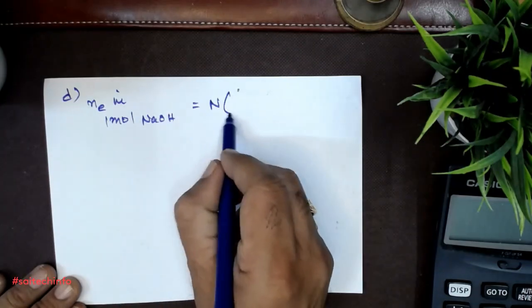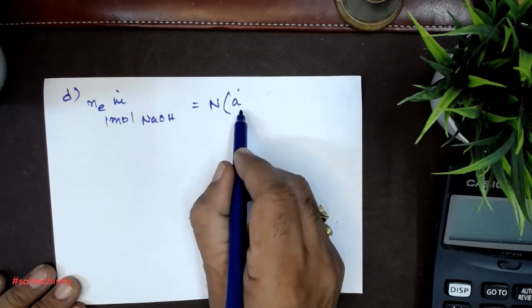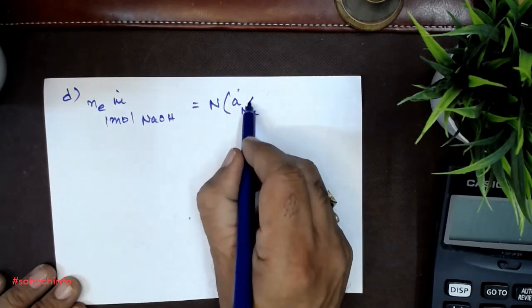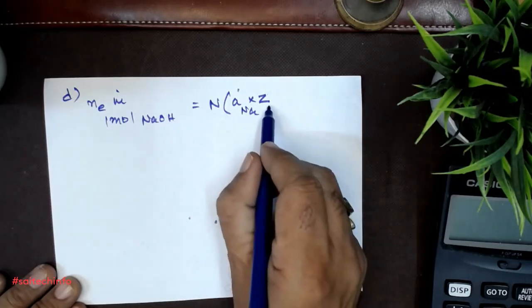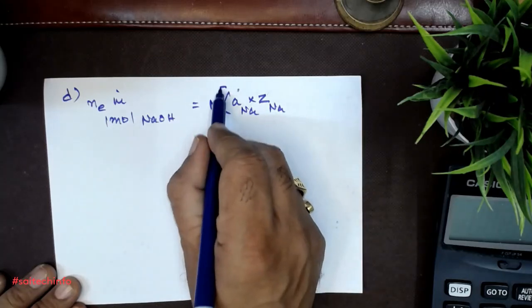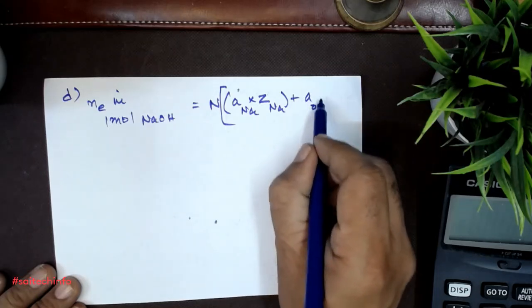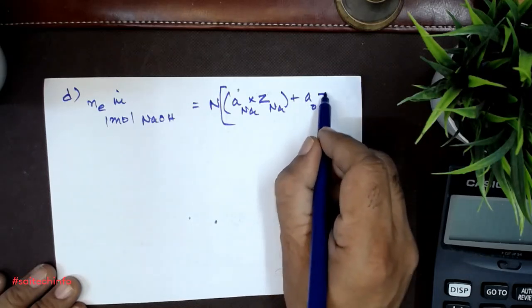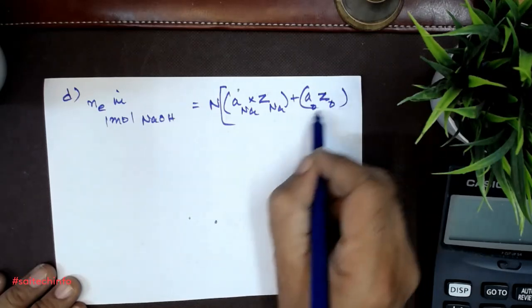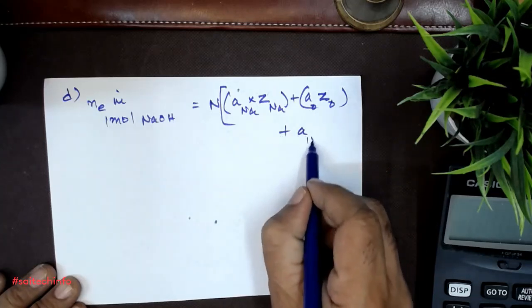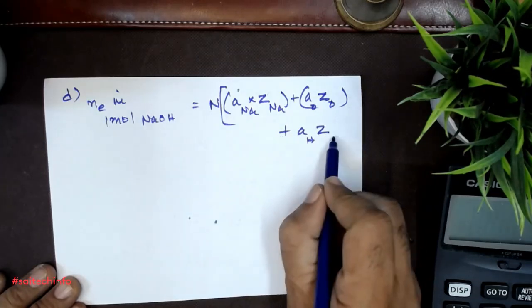N into atomicity of sodium into atomic number of sodium, plus atomicity of oxygen into atomic number of oxygen, plus atomicity of hydrogen into atomic number of hydrogen.